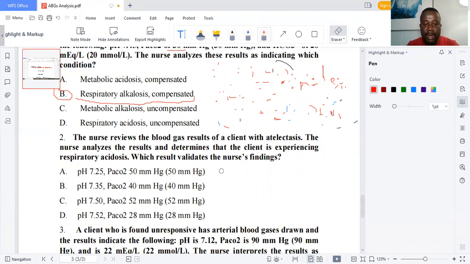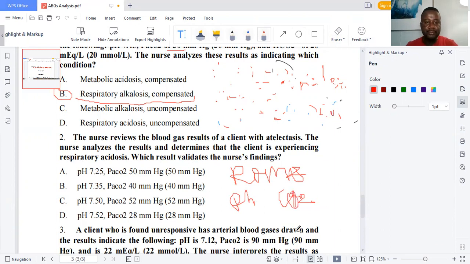So we go back to our formula, ROME. Write it down. ROME says for it to be respiratory, the carbon dioxide is our indicator for respiratory. So our focus now is on pH and carbon dioxide. Take note.